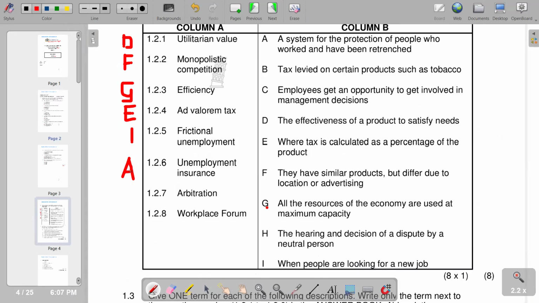And arbitration, so in arbitration, again, I will check which one matches, that is the hearing and decision of a dispute by a neutral person. So we have H. And 1.2.8, we've got workplace forum. Workplace forum, we have got C. Employees get an opportunity to get involved in management decisions. So we have C.